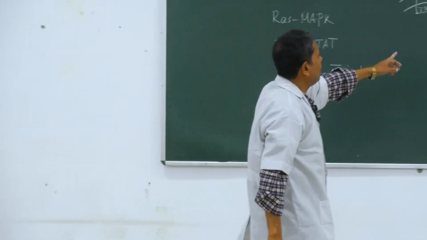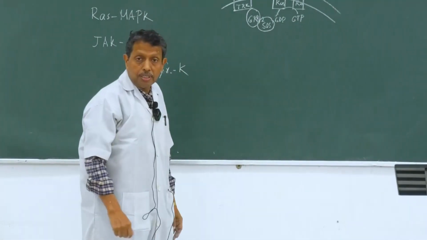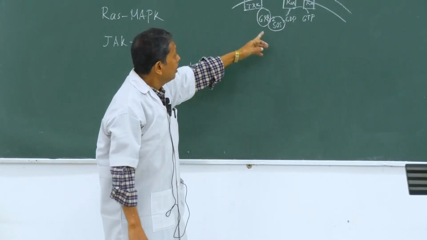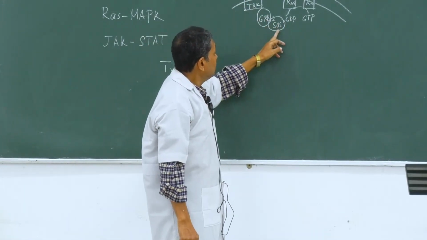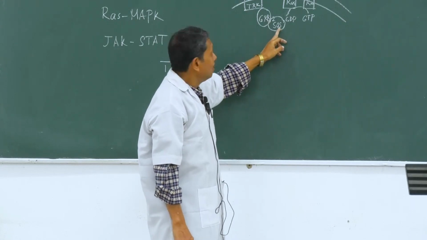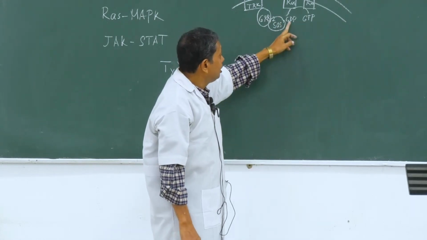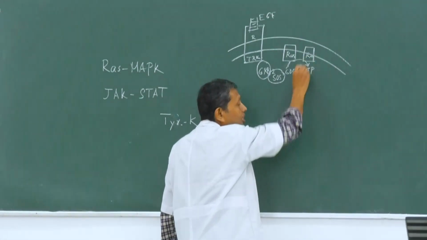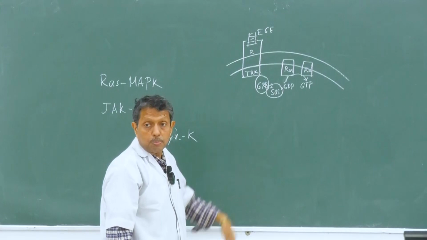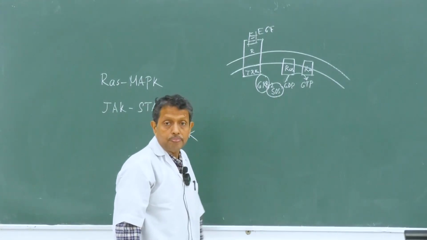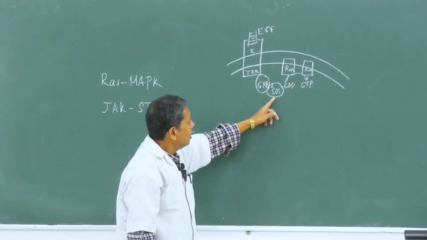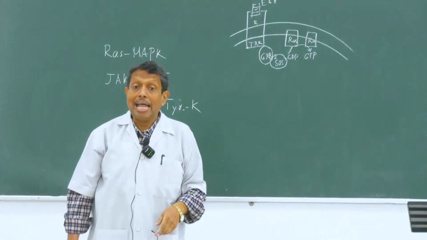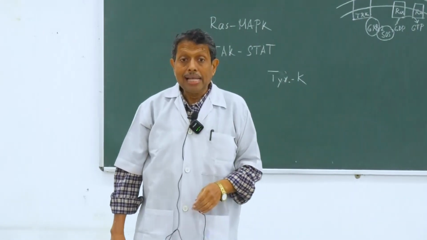Normally, they bind with GDP in the inactive state. And when the appropriate ligand binds, then by means of this SOS, that is the RAS activator, this GDP is replaced by GTP, not converted, replaced by GTP. Then it becomes active. It is the son of sevenless, and ultimately it is the RAS activator.